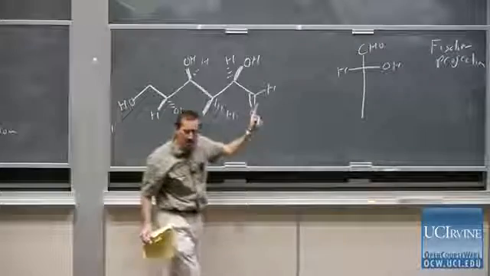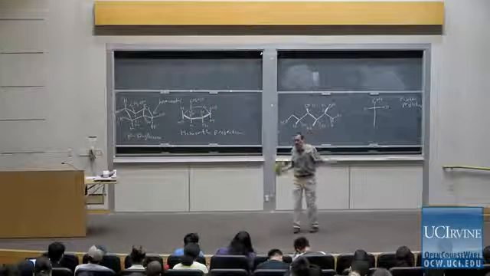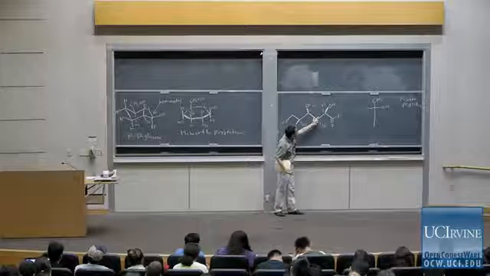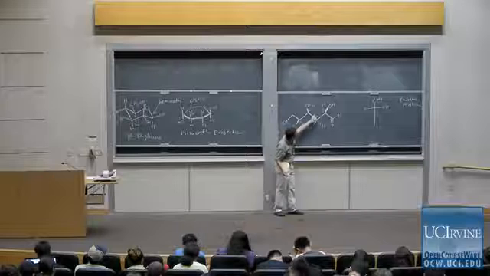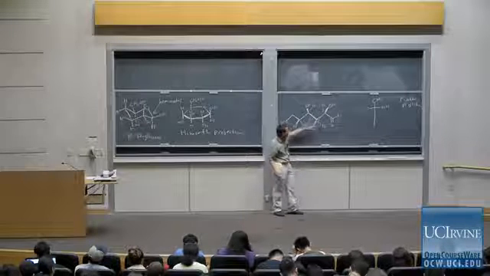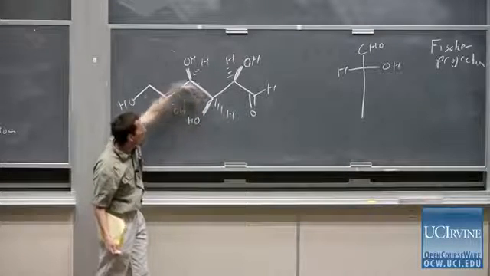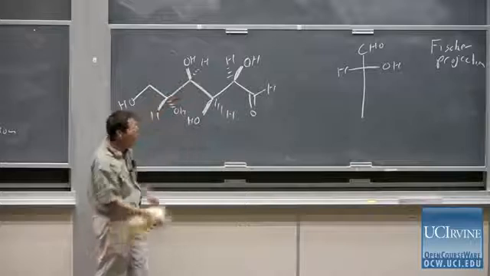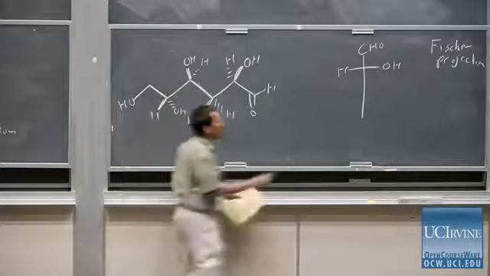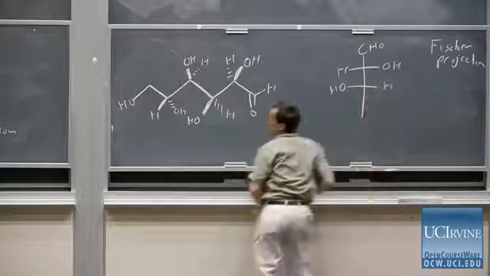But the key thing in the Fischer projection is we're basically wrapping the molecule on itself. So you would have to imagine as we continue, we're going to rotate about this bond 180 degrees, bringing it down. That's going to throw the OH pointing out, pointing back on the other side. So we're going to rotate 180 degrees, like so. Now that's hard to see.